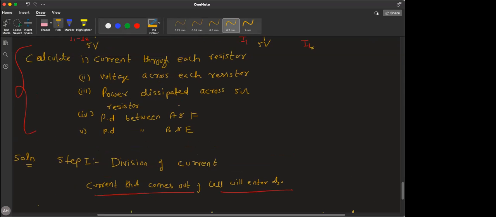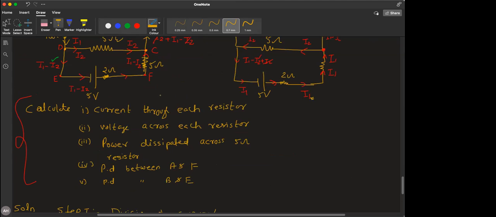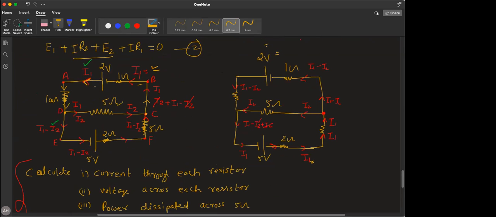Two variables and two loops. So we have these two loops. Can you just count the total number of closed loops that we have? Will anyone tell me the total number of closed loops here? Sir, two. Okay.